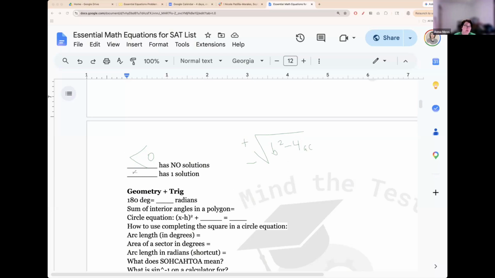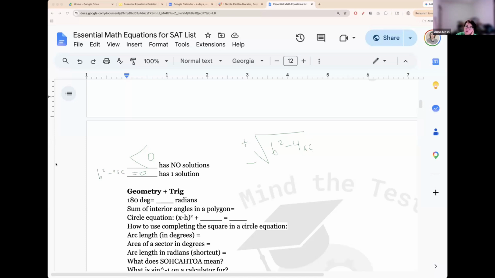So if your discriminant is equal to 0, there is one solution. Now the solution isn't necessarily 0. Remember, this isn't the whole quadratic formula. It just tells you how many solutions there are. So be careful with that. It doesn't mean that the solution is 0. It just means if b squared minus 4ac is 0, there's one solution somewhere. And you could use the quadratic formula to find it, or you could just use Desmos.